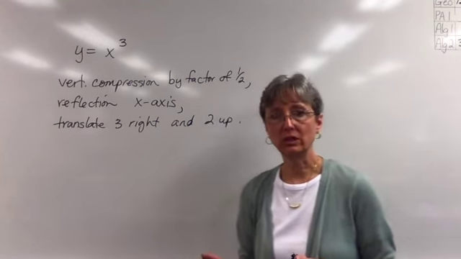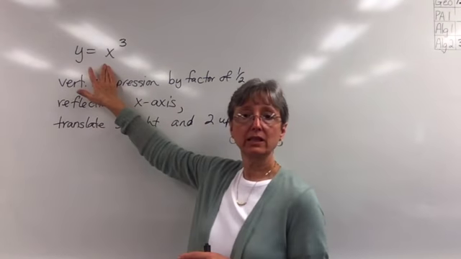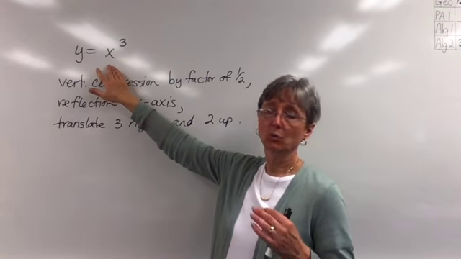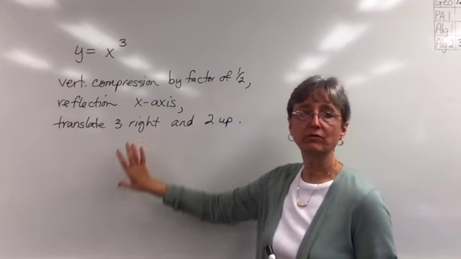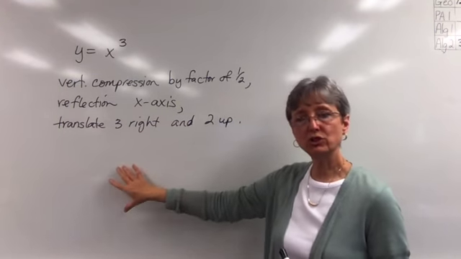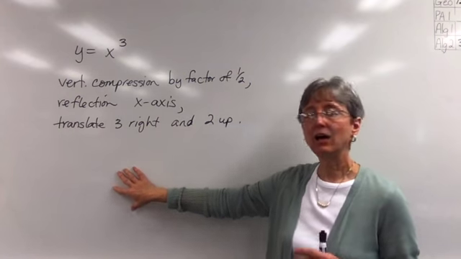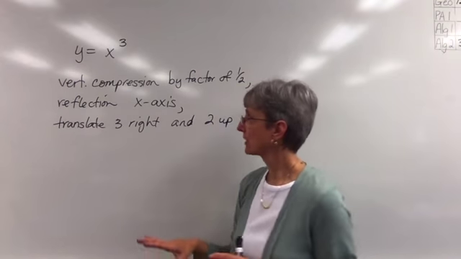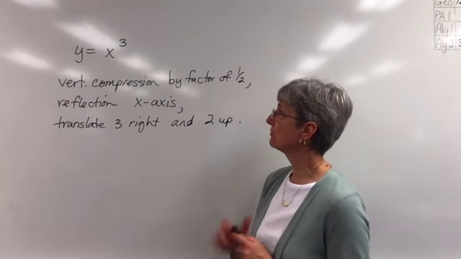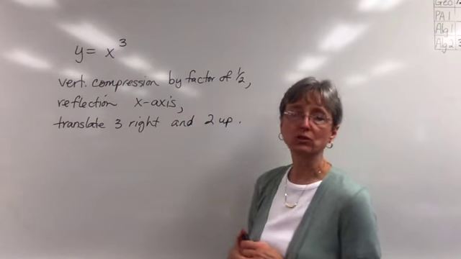So let's start with this one. We're going to take this parent function, y equals x cubed, the basic cubic function, and we want to perform these different transformations onto it. How would that affect the equation? We'll take it a step at a time. The first thing is we want to vertically compress this by a factor of 1/2.